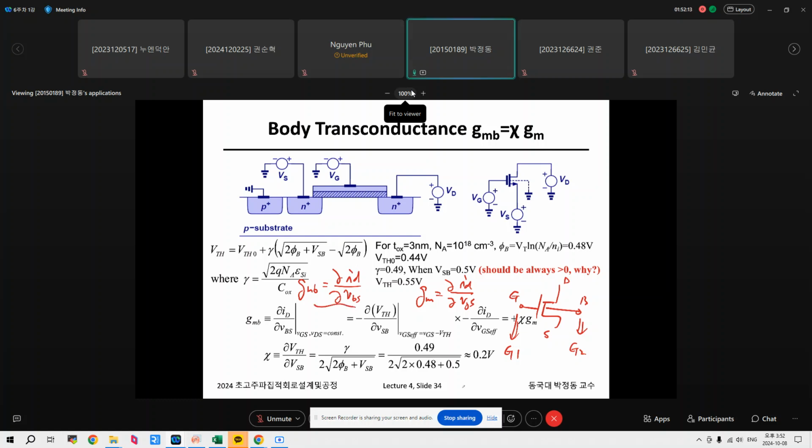From this relation, we can link GMB and GM. Here psi is around 0.2. Oh, this is not volt, 0.2. Which means you have gate 1 and gate 2 for the MOSFET. If gate 1 has a transconductance of GM, gate 2 has a transconductance of 20% of GM.